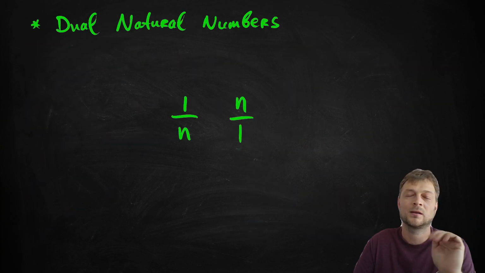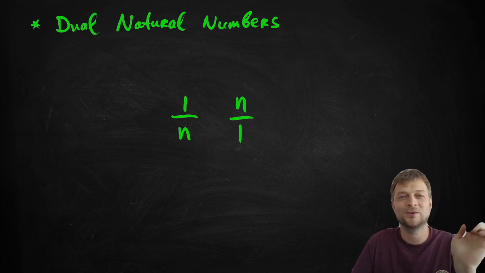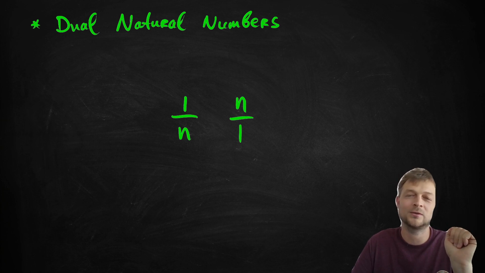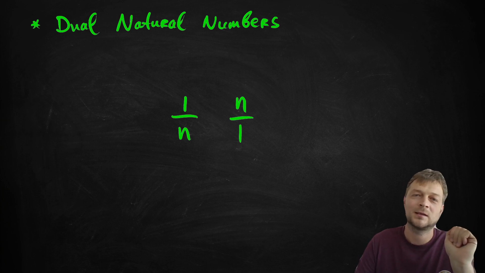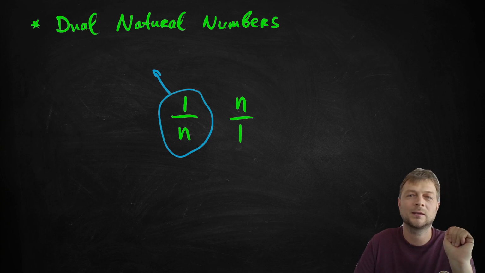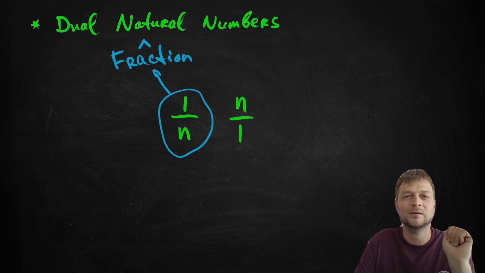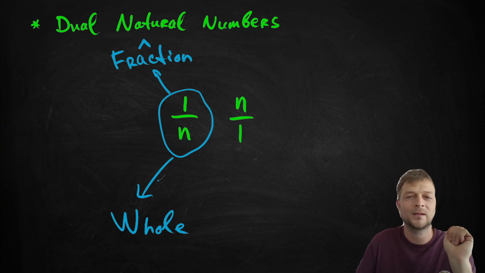So now we can introduce something called dual natural numbers. We saw that 1 over n is called a fraction in a standard sense, and we saw that this is a whole in a dual sense.